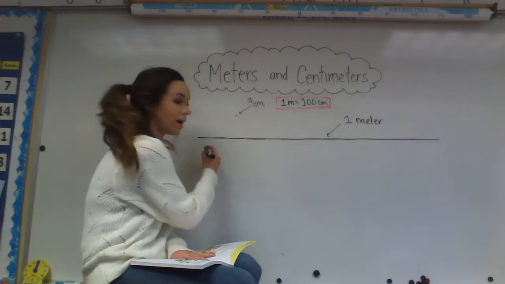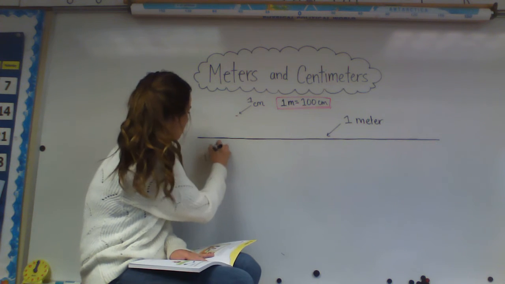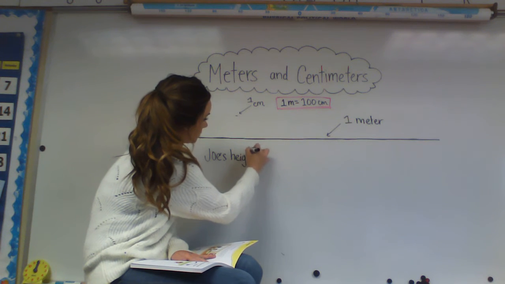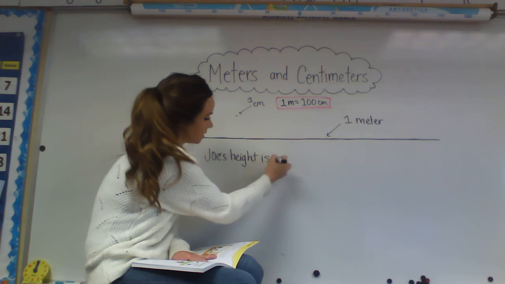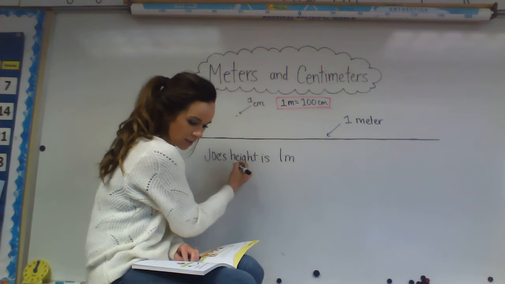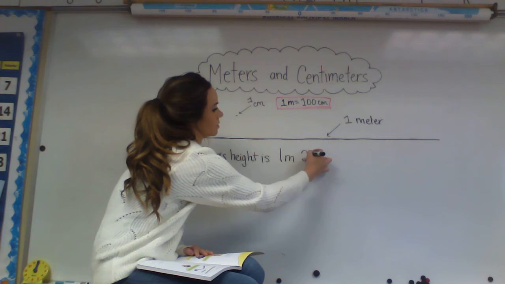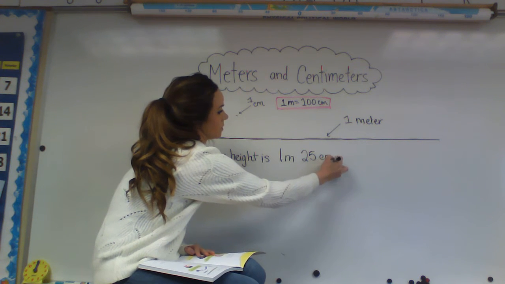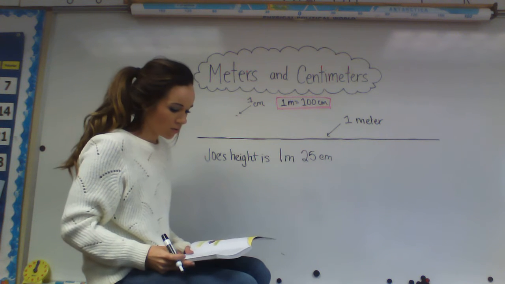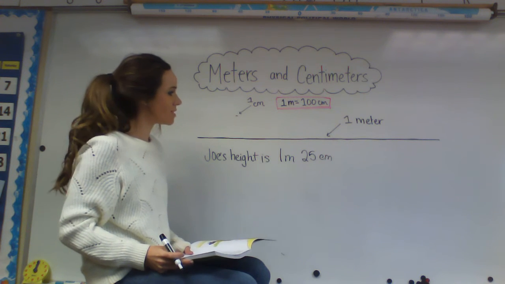We're going to be talking about height. So Joe's height is 1 meter and 25 centimeters. Well, we need to know how tall Joe is with measuring just with centimeters.